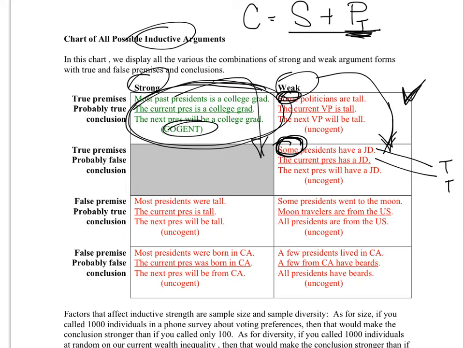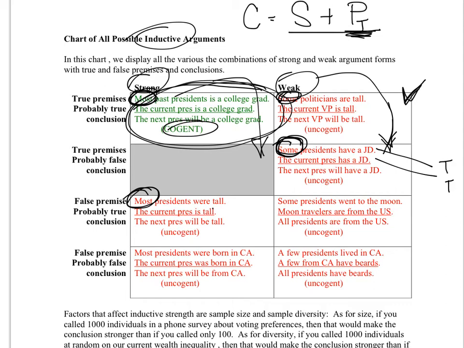Unlike here, on the other side, where we have a strong inductive argument, which is characterized in terms of most past presidents. Let's look at this one here. Most presidents were tall. The current president is tall, so the next president will be tall. Now again, we're working with false information in the premises.